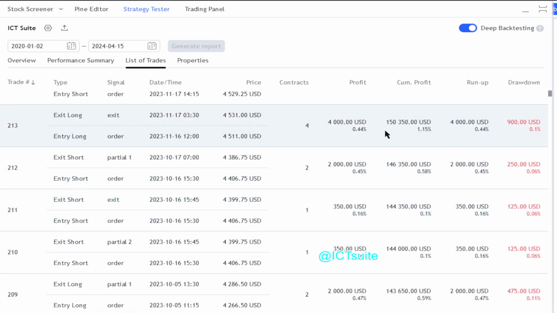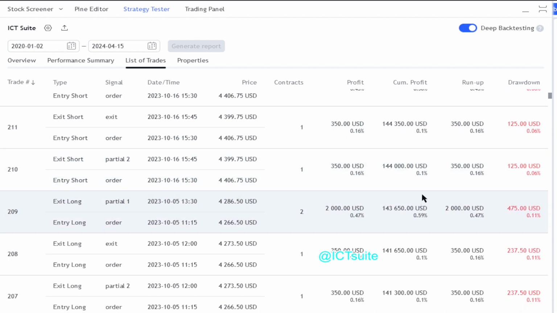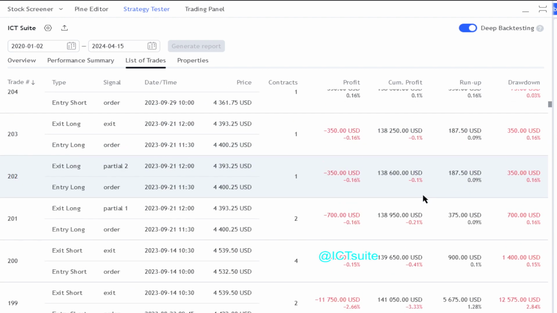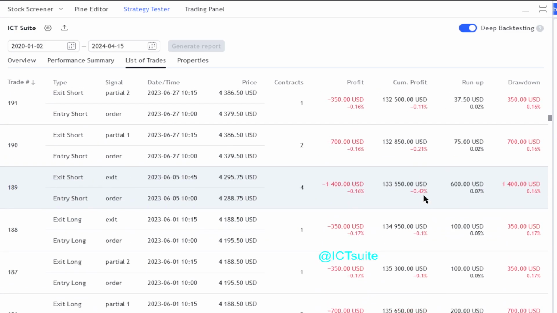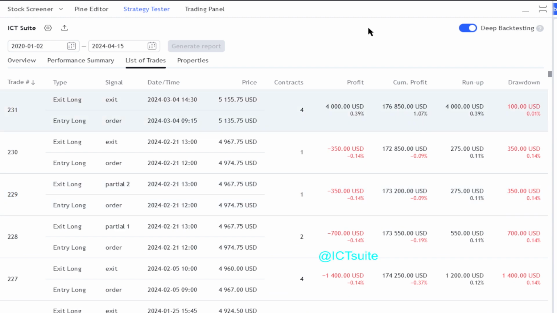So some trades don't take partials, some do. I will have to look into that later. Okay. I note that for later investigation.